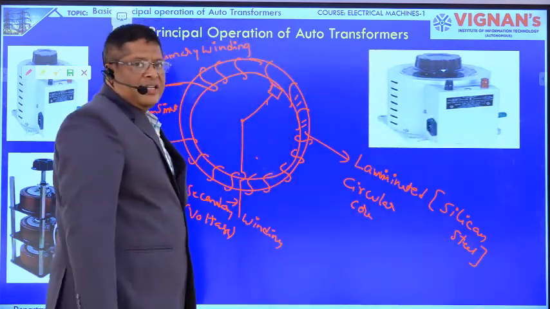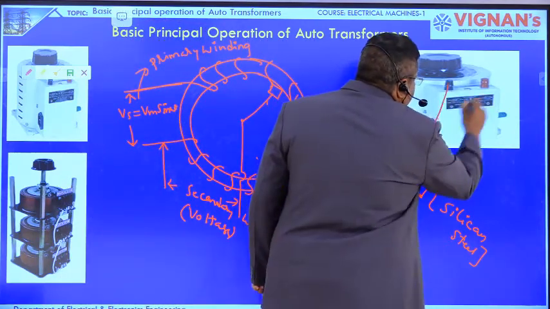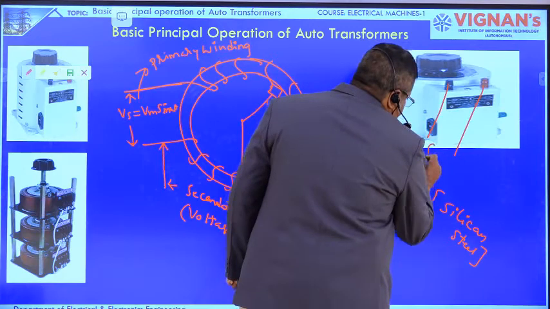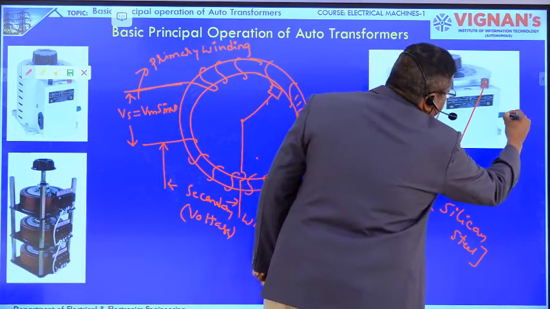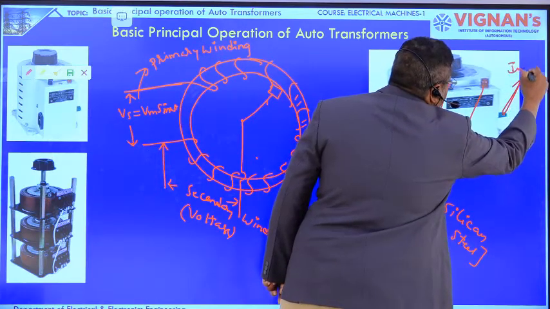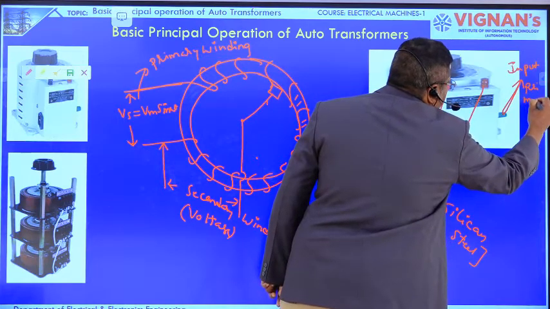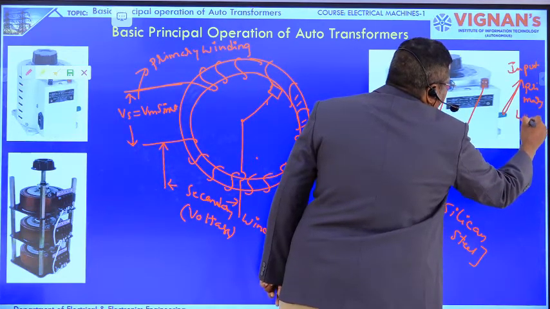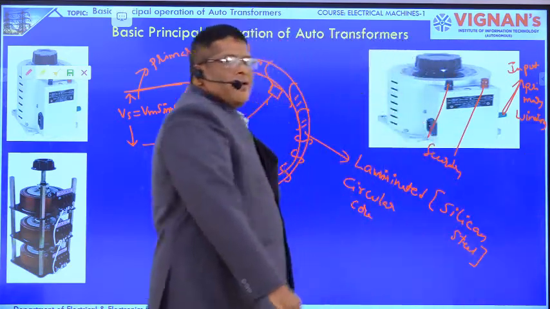In this figure, these two terminals are the secondary terminals. From this side, one wire is coming, that is the input wire, the primary winding.